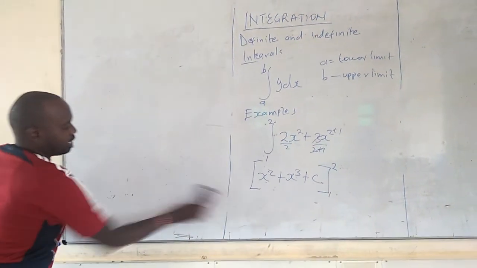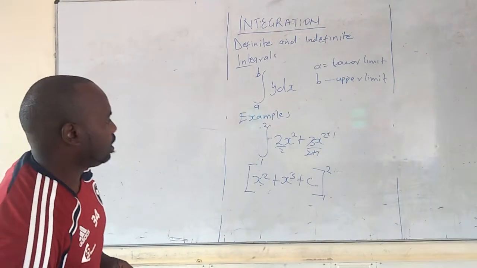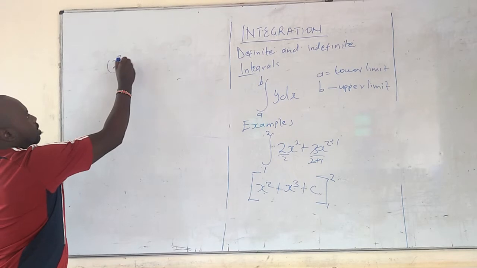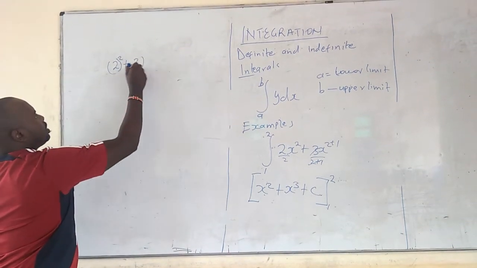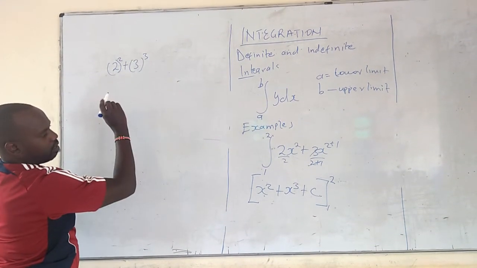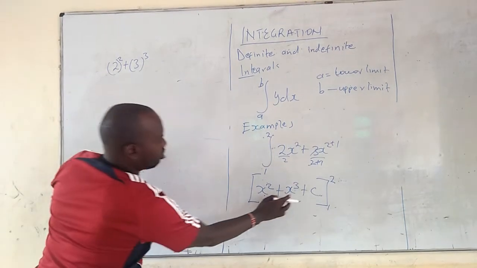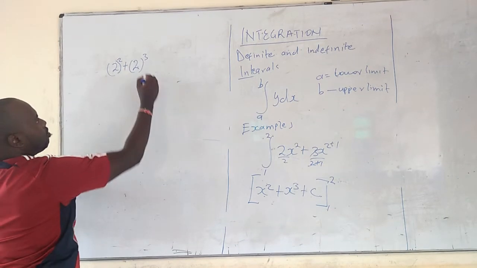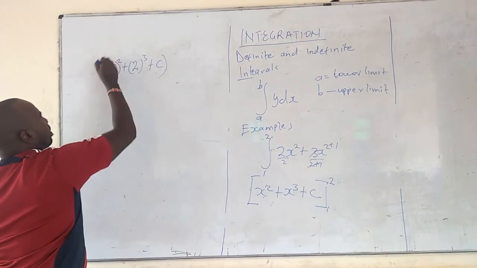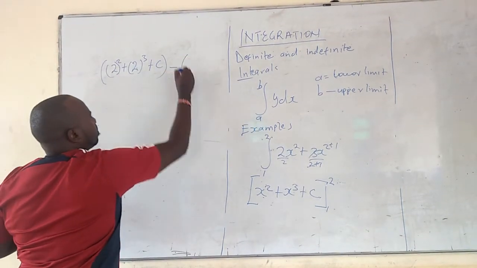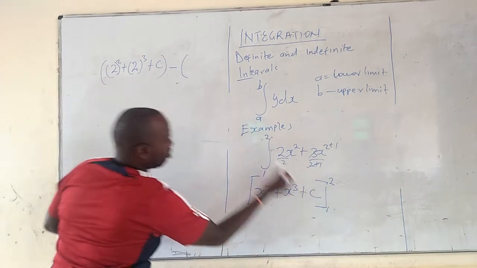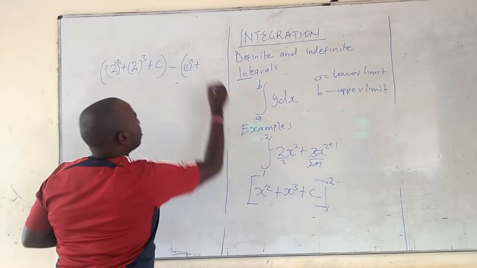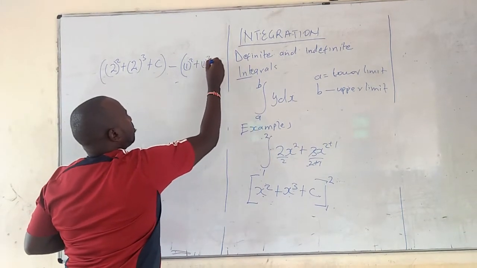After that, you substitute the upper limit. The value of x is 2, so this will be 2 squared plus 2 cubed plus c. Close your brackets and subtract. The lower limit is 1, so it is 1 squared plus 1 cubed plus c.